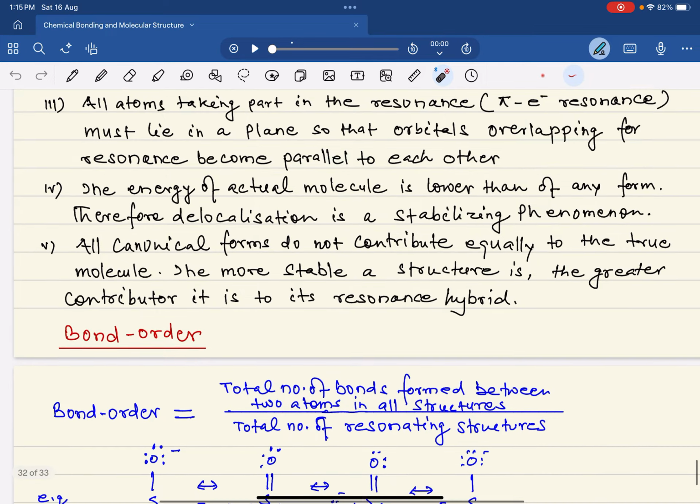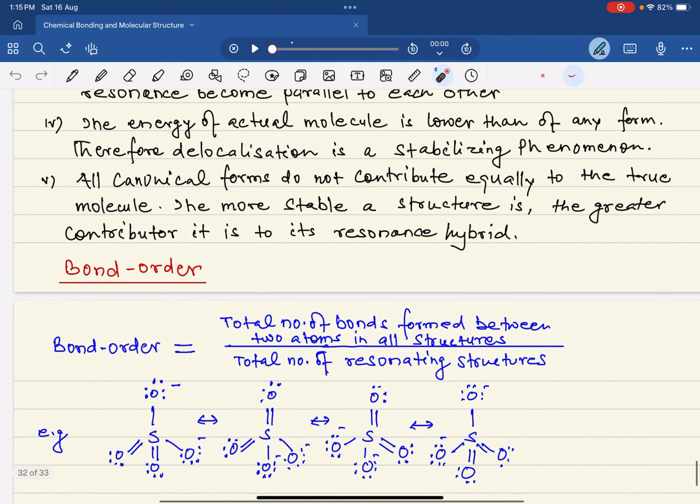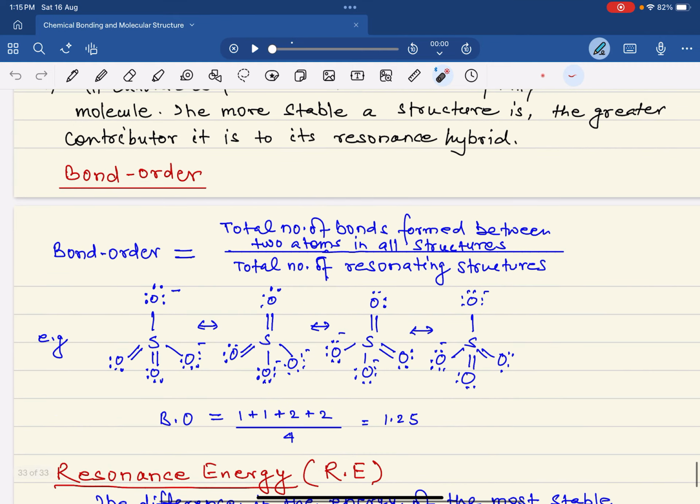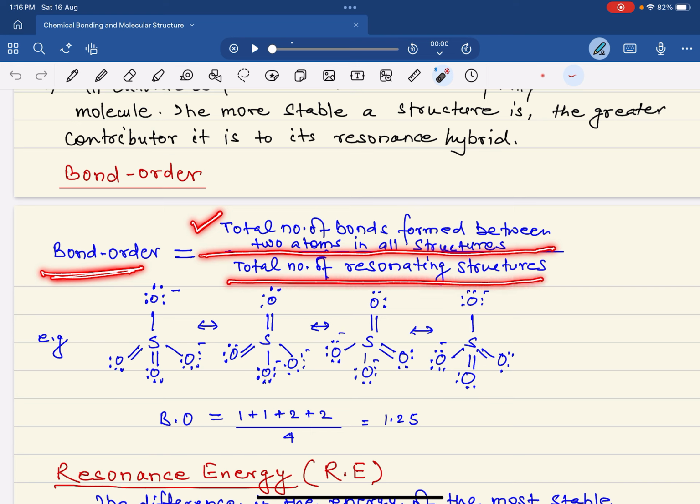With the help of resonating structures, we are able to calculate the bond order by a simple formula. Bond order for resonating structures is the total number of bonds formed between 2 atoms in a structure divided by the number of resonating structures.